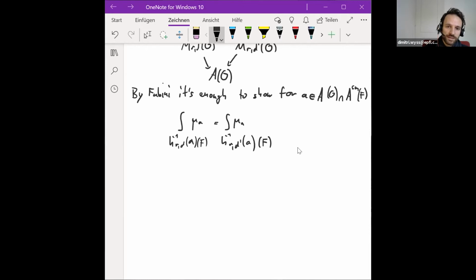And so this thing I can identify with Pic^{D'}(X_a)(F). So I only care about the generic fiber of my point a, and there the Hitchin fiber is just the Pic, and not this, because the special fiber will be very complicated, could be some sort of compactified Jacobian, but the generic fiber is okay. So I get an abelian variety over this p-adic field, and I want to compare these two.